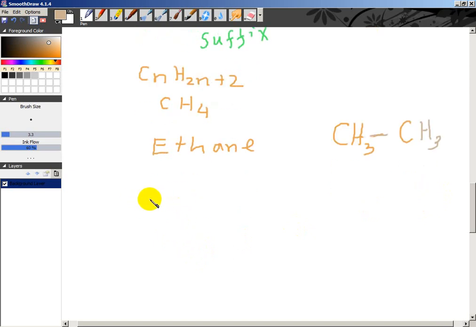Then propane. Here the suffix is n, the prefix is prop. So 3 carbon in a chain, and n means alkane, so carbon-carbon single bond.